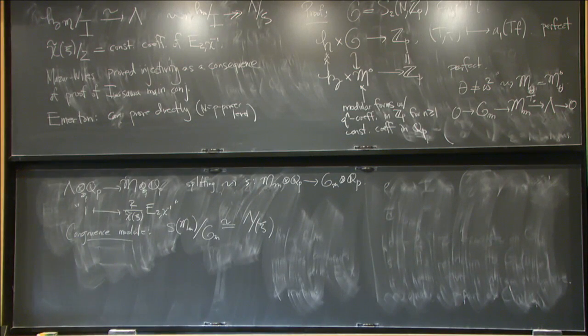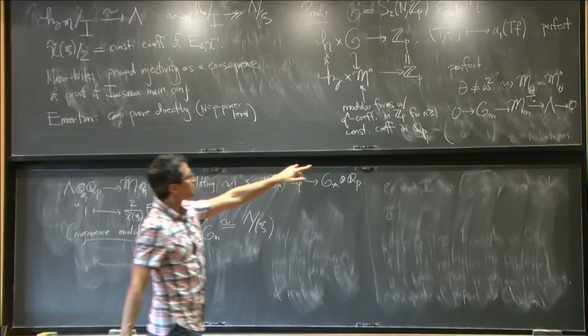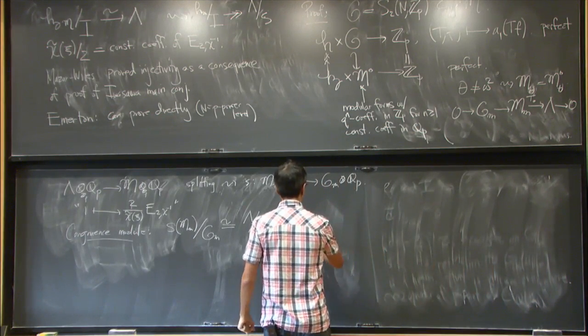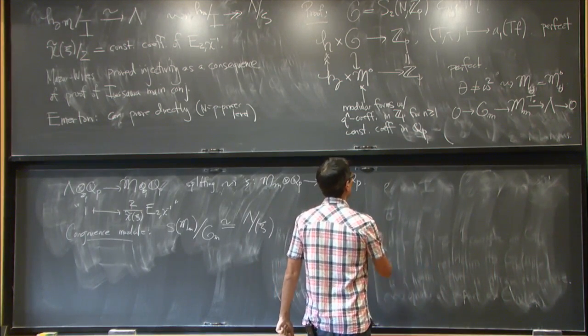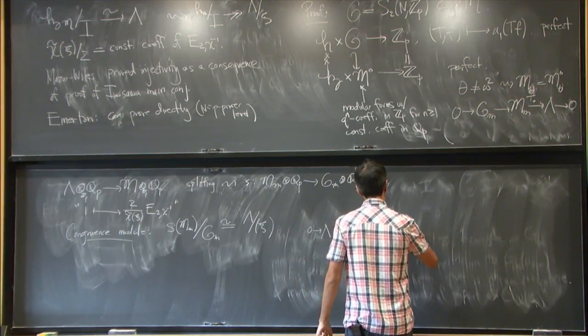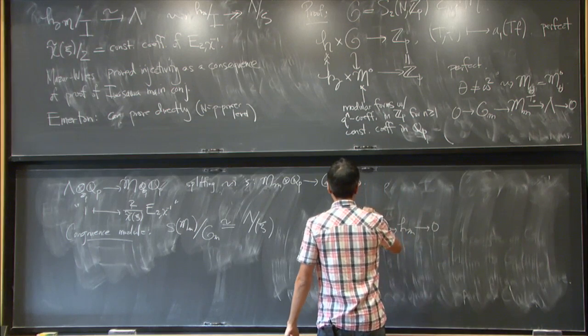So now we want to get the conclusion that H mod I is lambda mod C. So we'd use these pairings we have. We take the dual. OK, so what is the dual of this sequence? Right? So the dual of this sequence looks like 0 goes to lambda, goes to H, goes to H. And here we have the Eisenstein ideal.